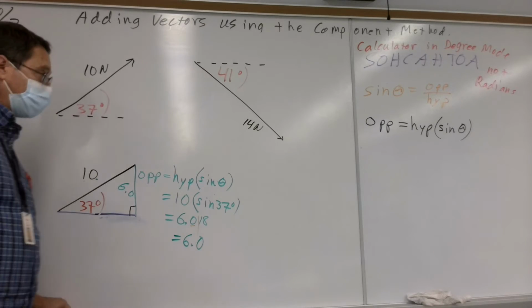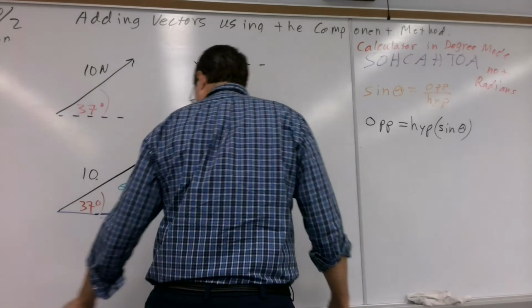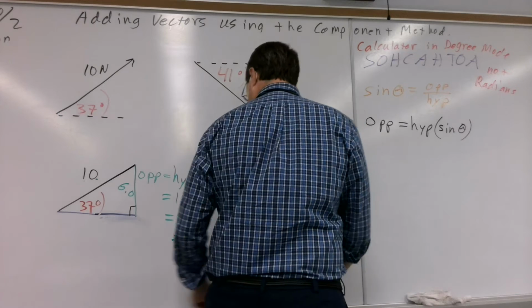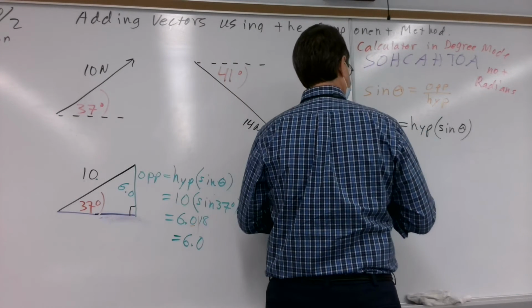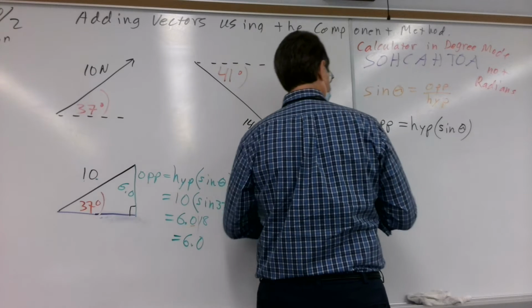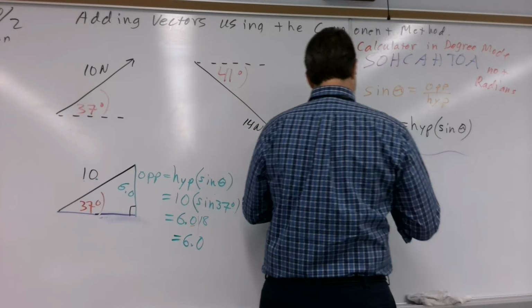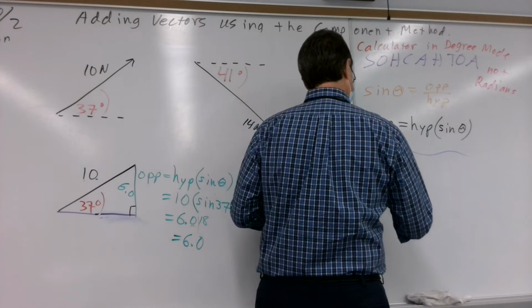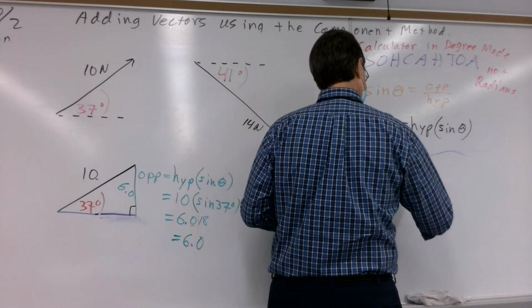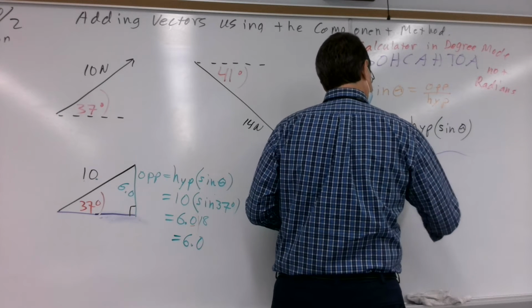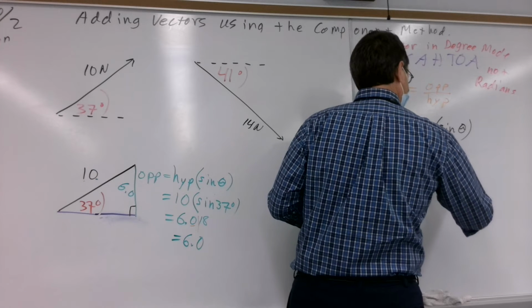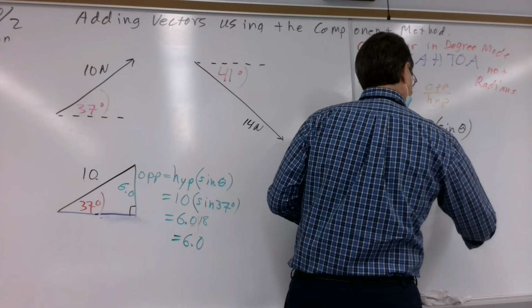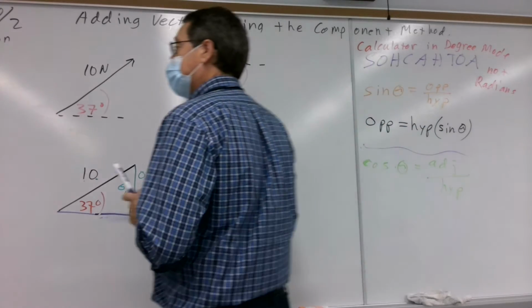Now, let's go through and do the same thing for cosine. What's cosine? Cosine is what over what? Oops, cosine theta, again, unknown angle, is adjacent side over the hypotenuse, right?